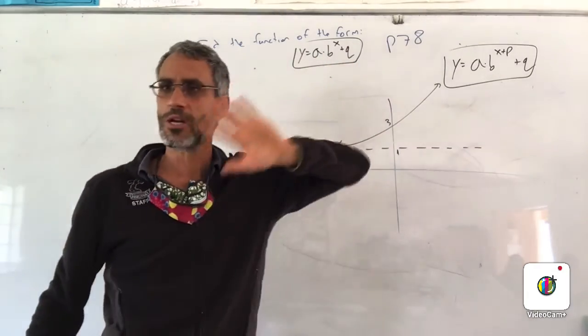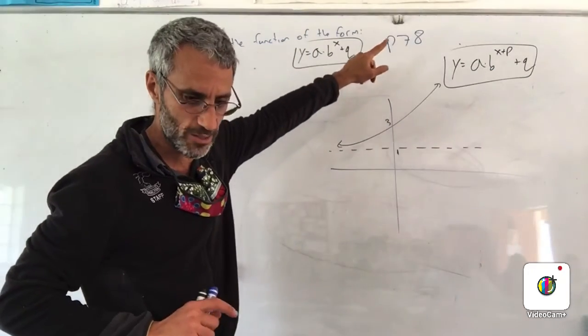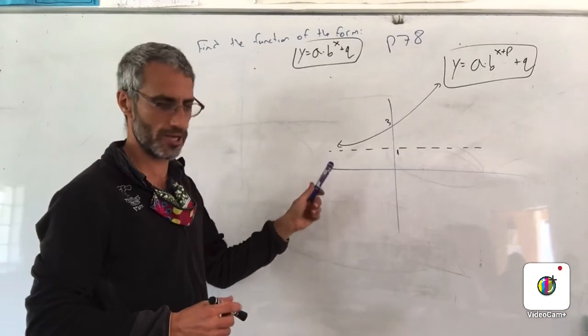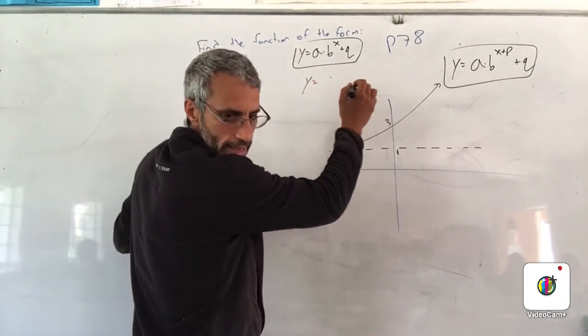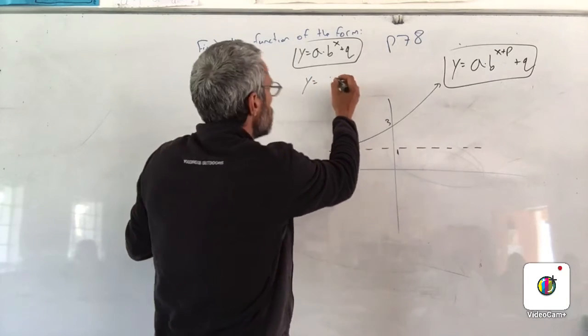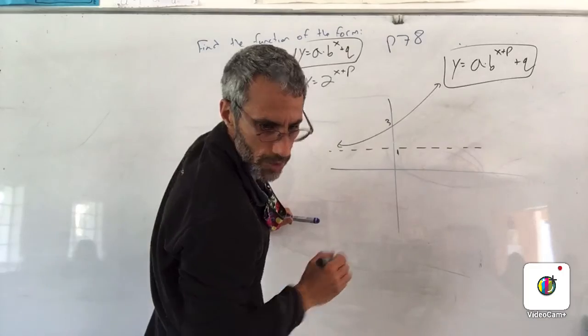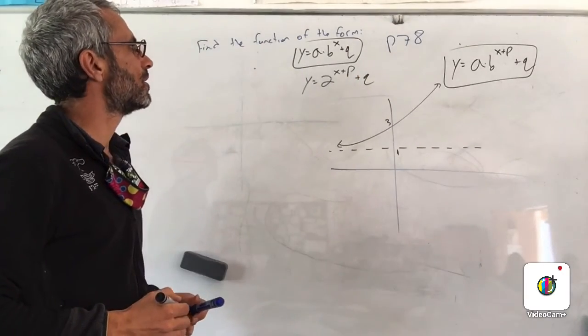In other words, p was assumed to be 0. Here, in example 17, on page 79, they give us another form: 2 to the power x plus p plus q. So very, very different.